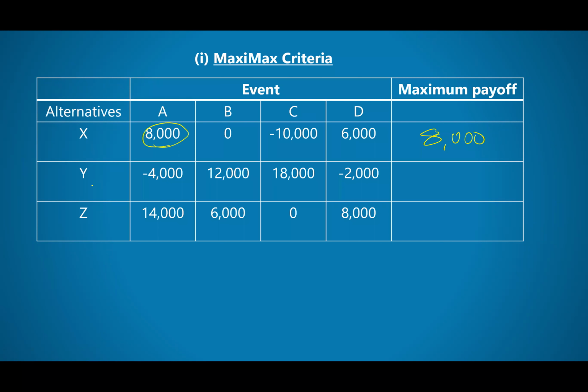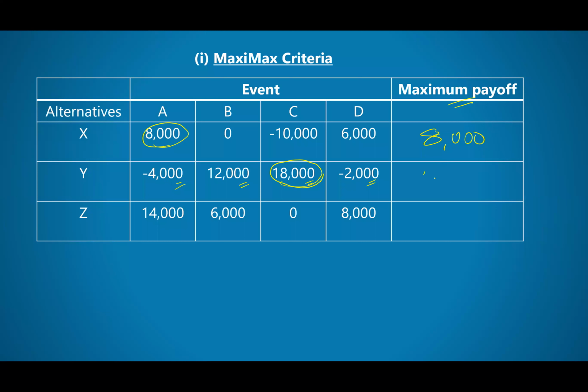Then for alternative Y, I can see there's a -4 under event A. If it is event B, you get 12,000. If it is event C, you get 18,000. If it is event D, you get -2,000. So by look of things, the highest is 18,000. So that would be the figure I take under the column I've labeled maximum payoff.